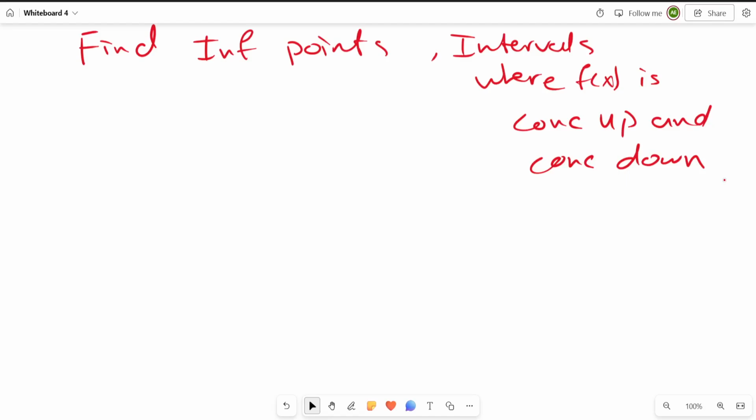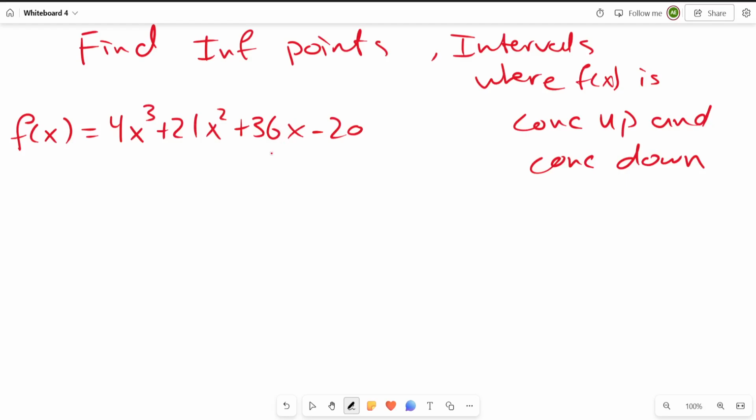So let's start with our first example over here. Let's say we have a function f of x equals 4x cubed plus 21x squared plus 36x minus 20. So this is our function, and we need to know what the inflection points are.